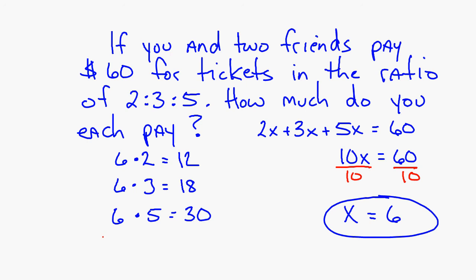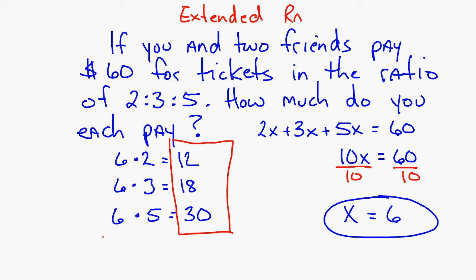So that is how much each of you paid for the tickets: $12, $18, and $30. Okay? And this is called an extended ratio problem.